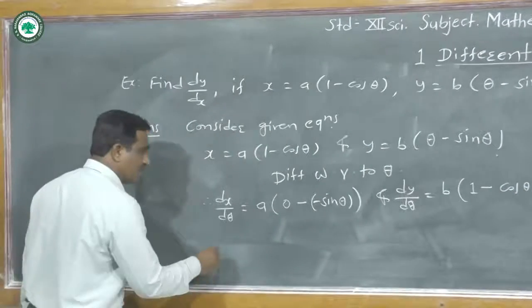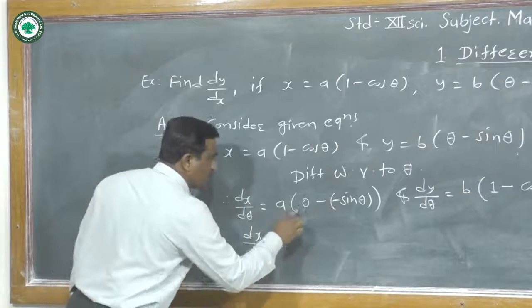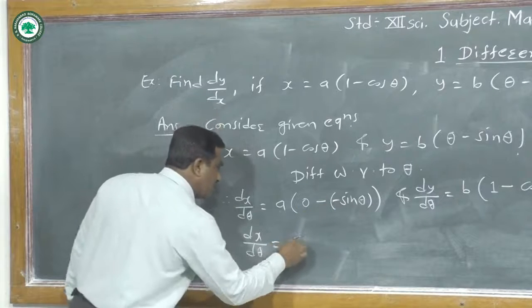That is dx upon d theta is equal to a into minus plus a into sin theta.